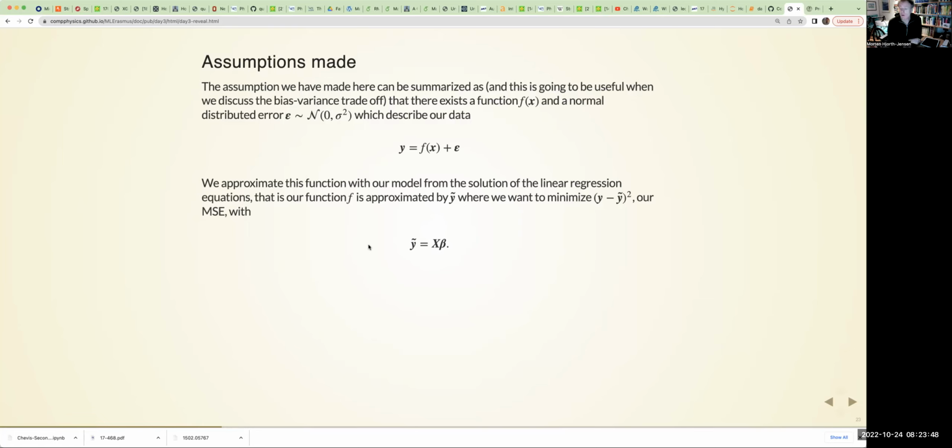So just to give you an example, if you're looking at, let's say, housing data, we expect that the price of the house is correlated with the number of rooms the house has, the size of the house. The more rooms, we expect that the price would be higher. And this will be reflected in the data set in the sense that if we were to calculate the covariance between these different features, like the average price of a house and the number of rooms, we would find a strong correlation between the number of rooms and the price of the house.